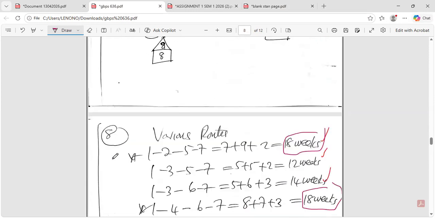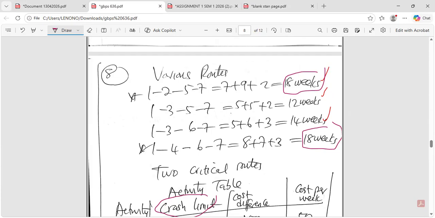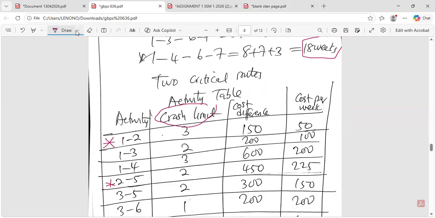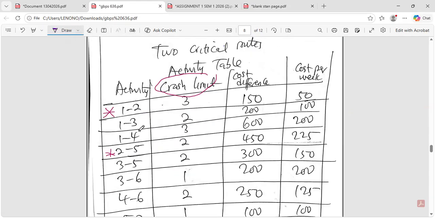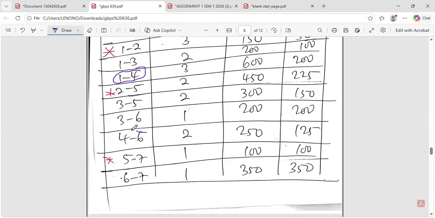Then the other route that was critical is 1 to 4, 4 to 6, 6 to 7.